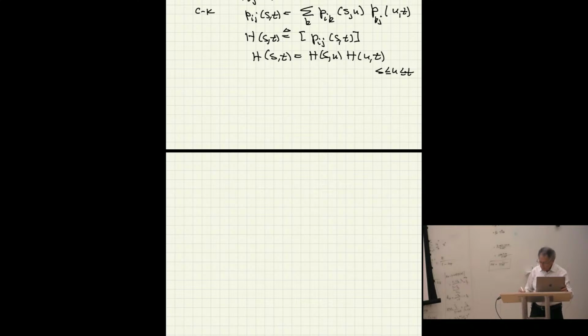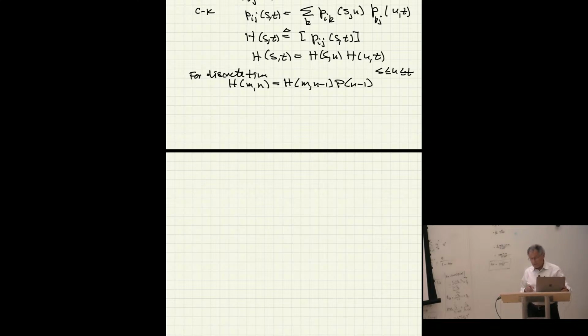Now remember that for discrete time, not continuous time, we had the following, that this H function, we had the expression that H of m and n was equal to H of m and n minus 1 times P of n minus 1.